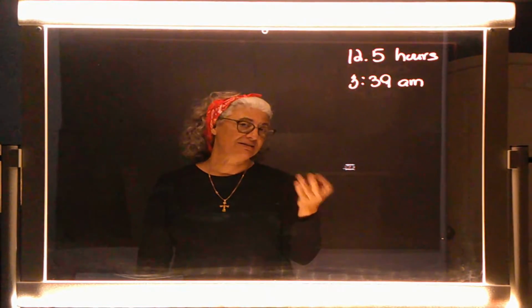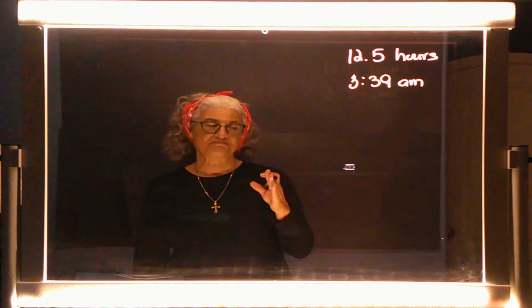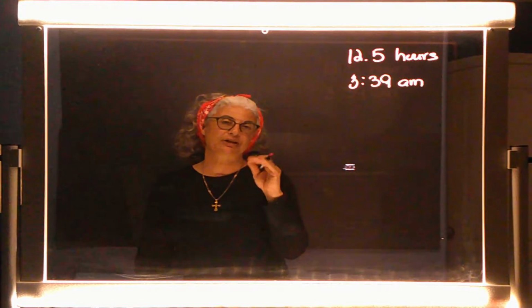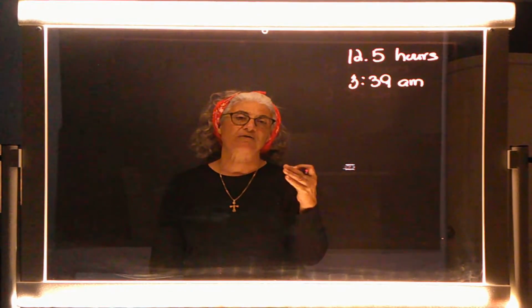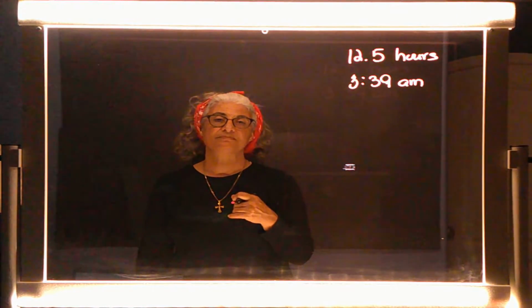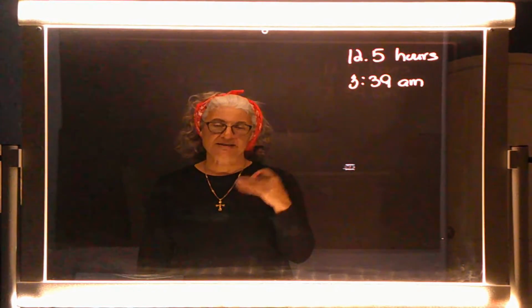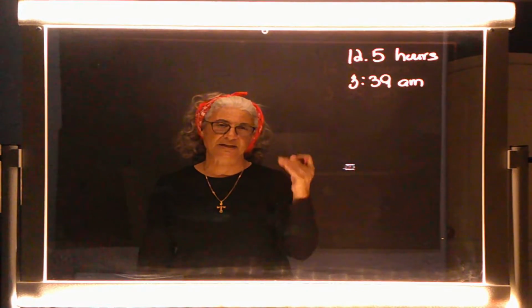Here's one of the things that we're assuming. If one of the high tides occurred at 7 a.m., and the next high tide was 12 hours later, what's 12 hours later from 7 a.m.? Good, 7 p.m., right? It's exactly the same time, except it's now in the p.m., in the evening.